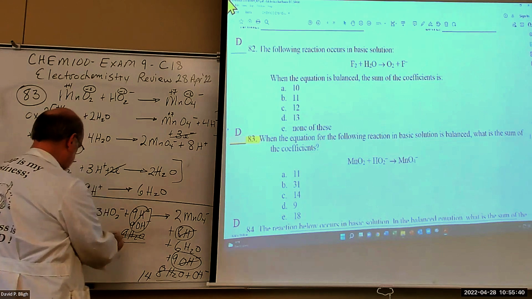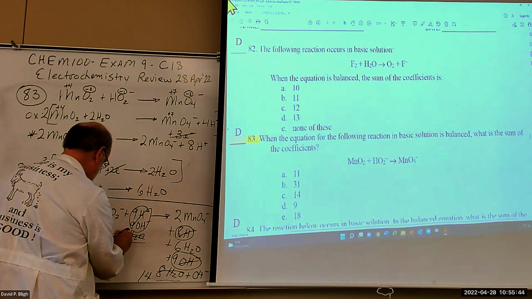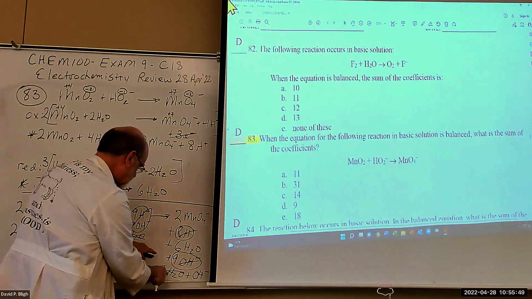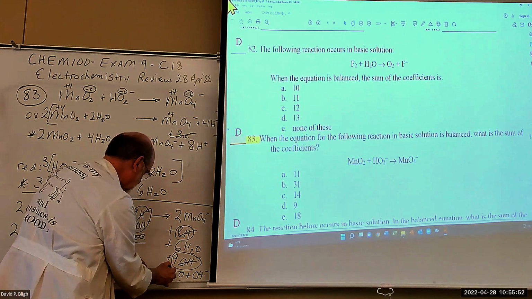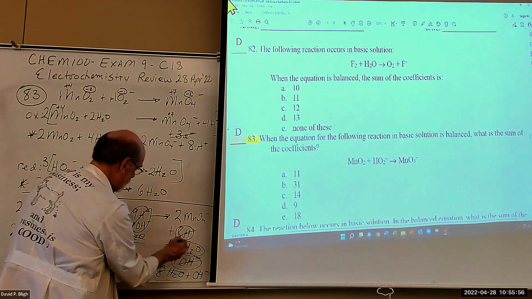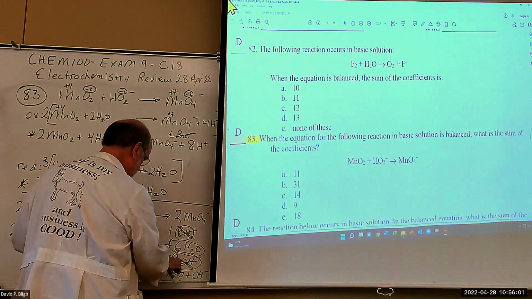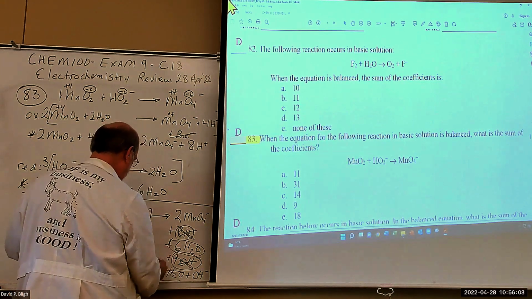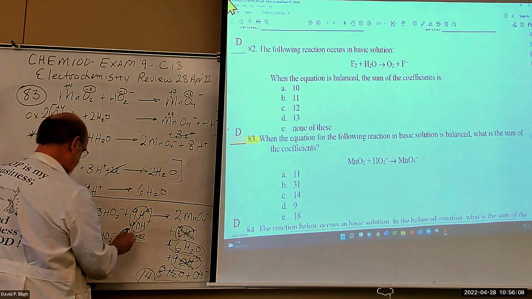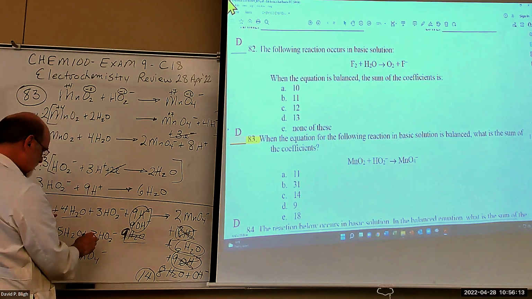So we did 9 hydroxyls here, that makes 9 water. We have 9 hydroxyls here, that makes 8 waters. 1 hydroxyl, but I didn't count that one. Now we have 8 plus 6 is 14. 14 waters on that side. 9 and 4 is 13.